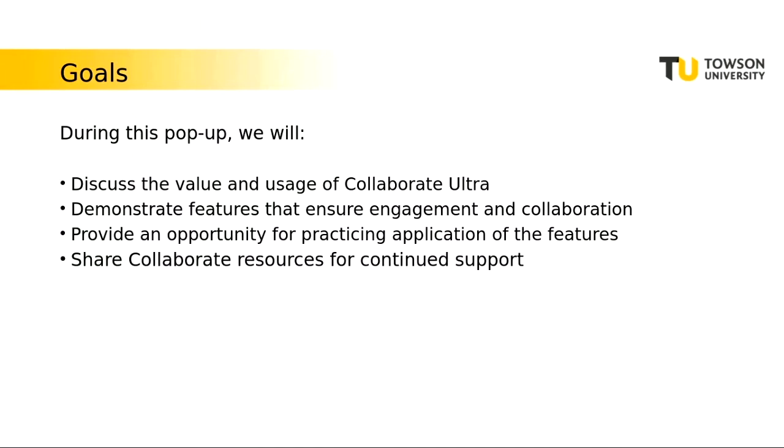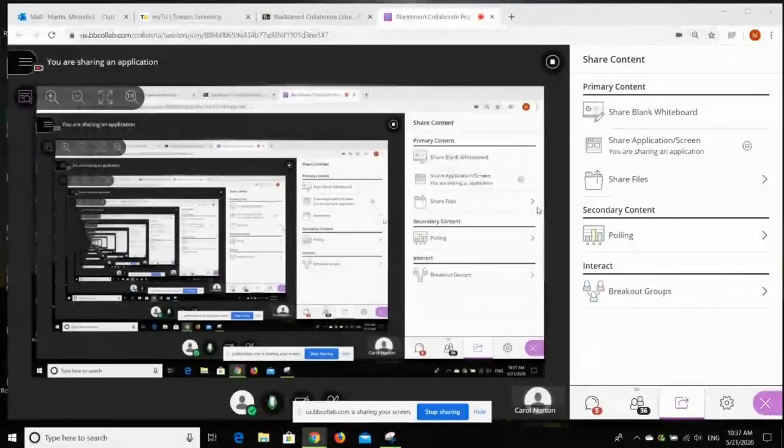So now I'm going to go ahead and try and share my screen so that you can see the Collaborate panel from the moderator and instructor perspective. Just give me a minute to pull that up. Okay, and please bear with the tunneling. I'm going to try and make a few adjustments to make it a little bit easier to see what we're going to focus on.